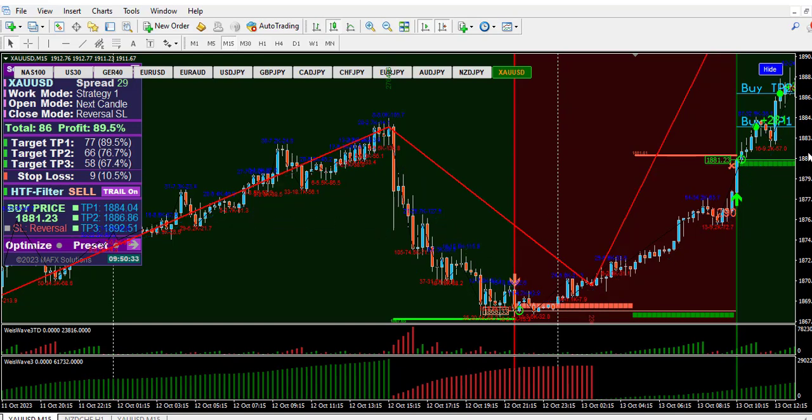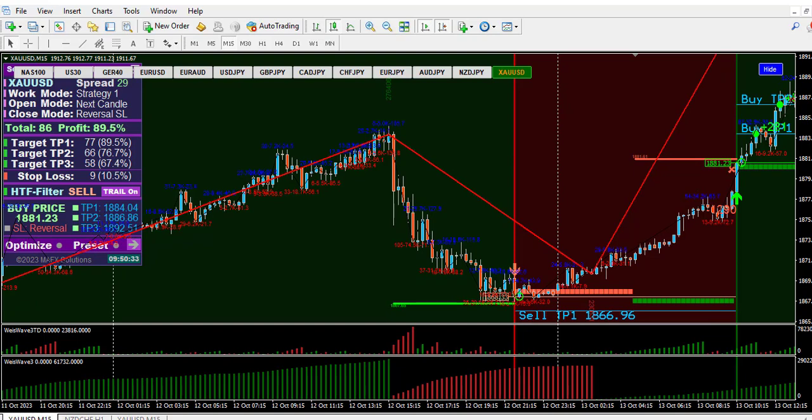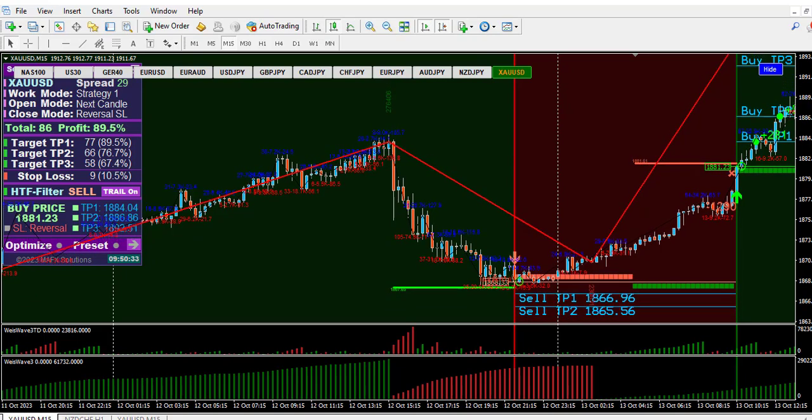Now at this particular point, before this buy signal that was generated today, we have a sell signal here, and that was why I said this indicator is not always accurate, and no single system is 100% accurate. At this particular point, it gave us a sell signal here, and this did not deliver.